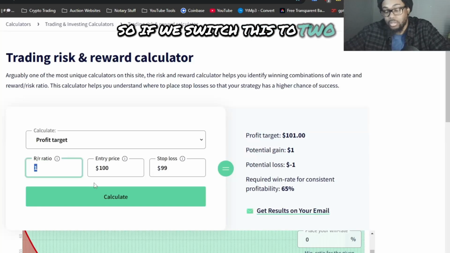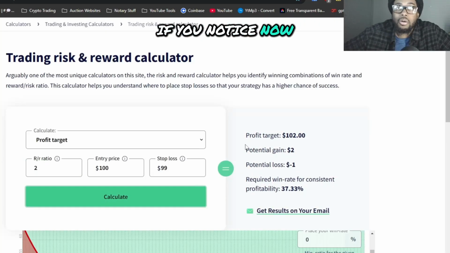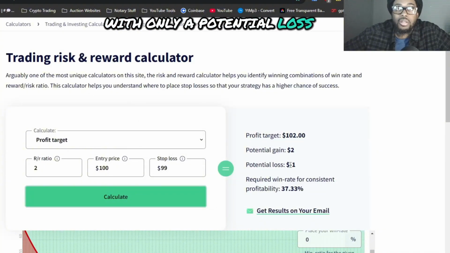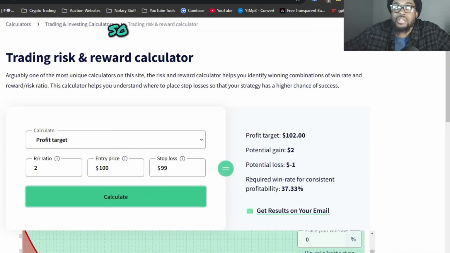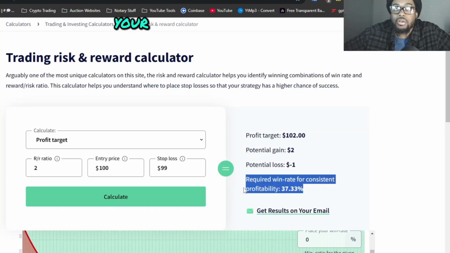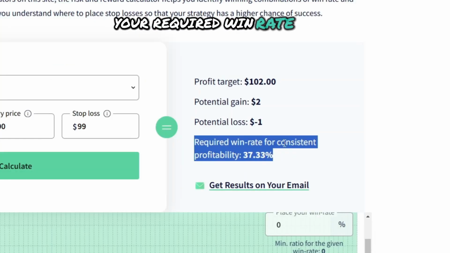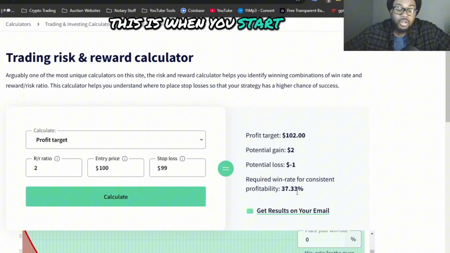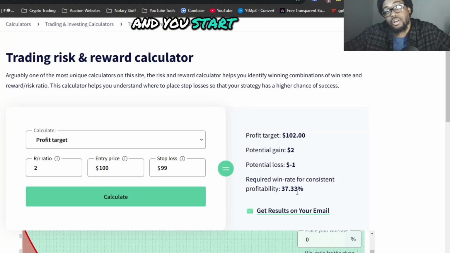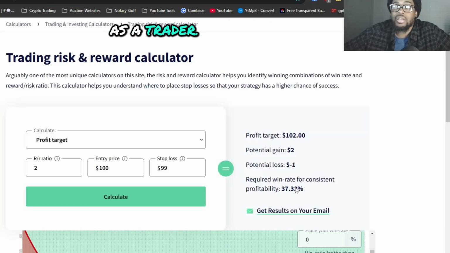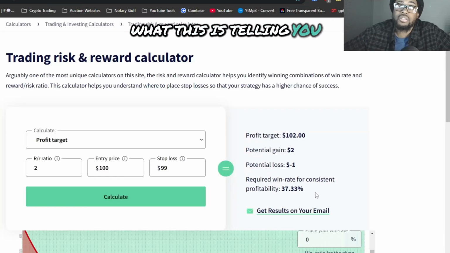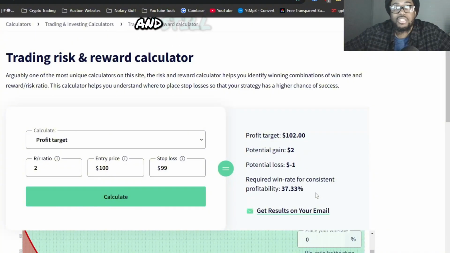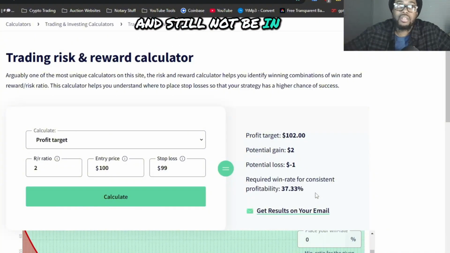So if we switch this to 2, if you notice, now we're gaining a profit of $2 with only a potential loss of $1. So look at this, your required win rate gets pretty much cut in half. This is when you start seeing consistent profits and you start becoming profitable as a trader, because basically what this is telling you is that you can actually afford to lose twice in a row and still not be in the negative.